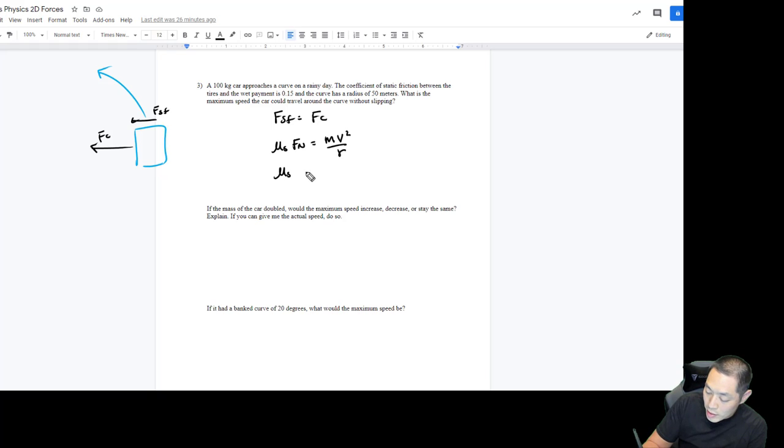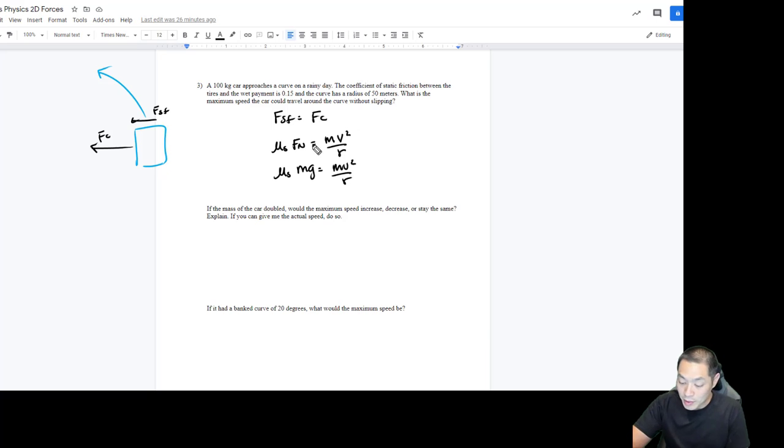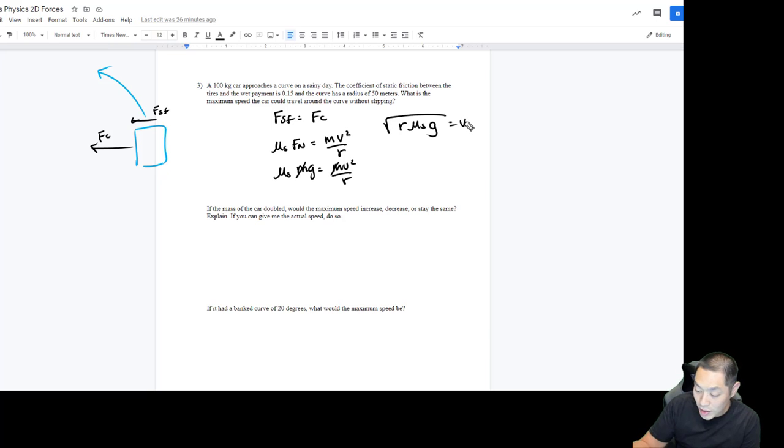So mu_s mg equals mv squared over r. If you solve for v, what's the maximum speed? The m's cancel out, and you have the square root of r mu_s g equals v. So that's all you have to do.